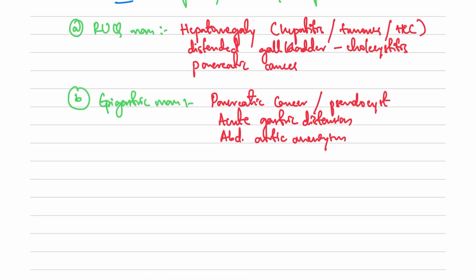Moving on to the left subcostal mass, or you can say left upper quadrant mass. Left subcostal mass, it will majorly be just a splenomegaly.